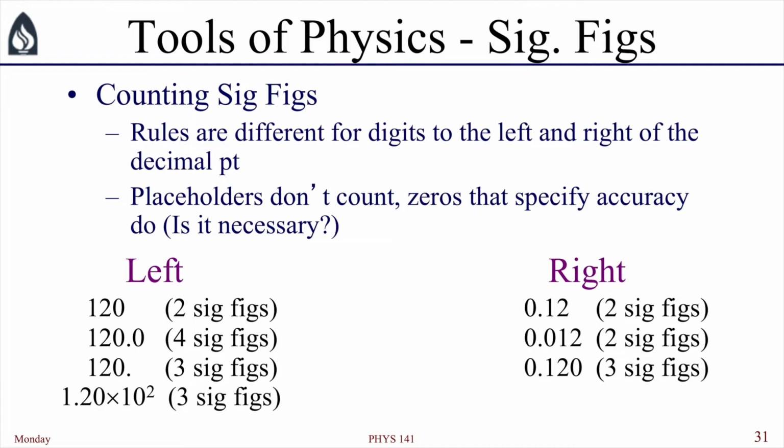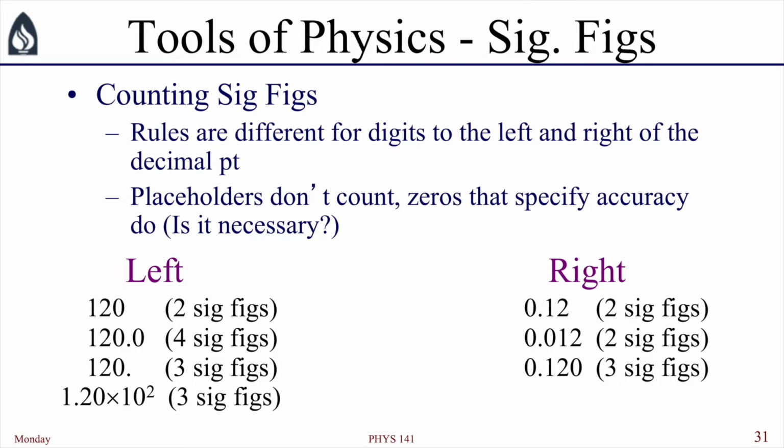So let's look at some examples of that. Here we have 120 written down, and the zero in the first 120 that's written here at the top is necessary to tell us that we have 120 and not 12. If we left it off, it would be a different sized number. So since that zero is telling you how big the number is, that's its job, and it is not significant. On the other hand, the 0 to the right of the decimal point here is not necessary to tell you how big the number is.